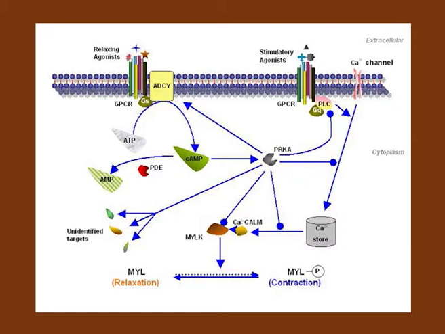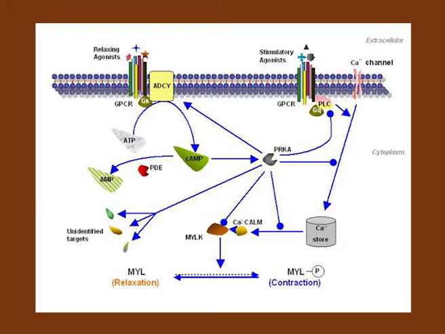A specific example of a receptor that couples to this type of G protein is the beta-1 adrenergic receptor found in the heart. Beta-1 receptors are located in the pacemaker cells of the heart, the sinoatrial node or SA node, and also in other cardiac muscle. The ligand for this receptor is norepinephrine, the neurotransmitter released by sympathetic postganglionic neurons.